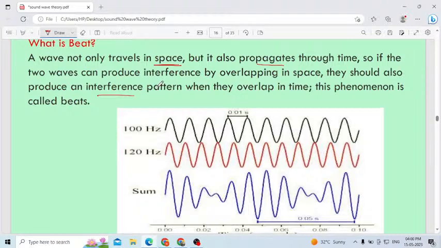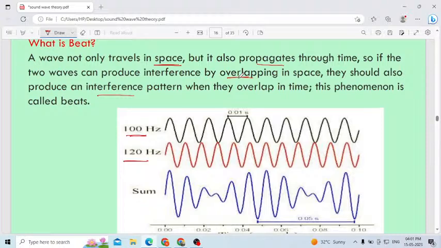How will we get the beat? When two waves of nearly the same frequency, for example, one is 100 and another one is 120 hertz, almost the same frequency, both the waves overlap, mix with each other and interfere, then you will hear a beat sound.